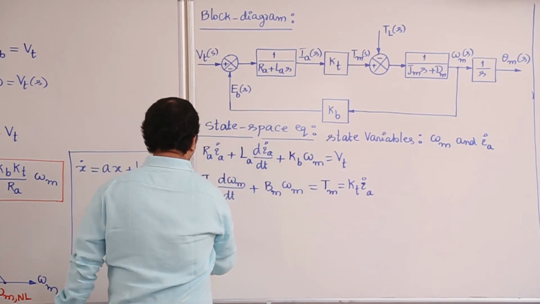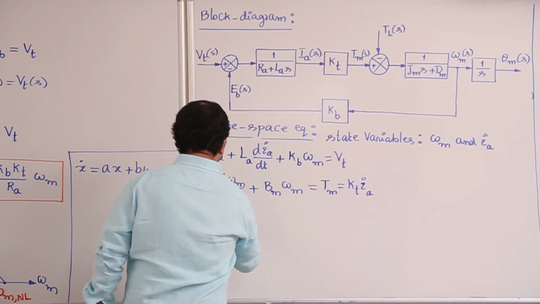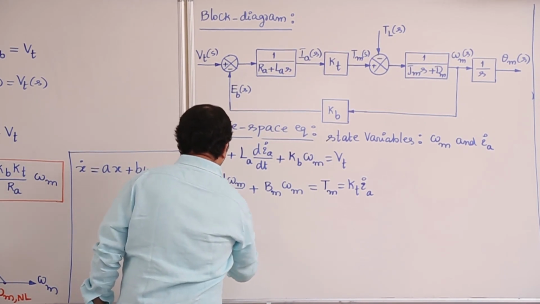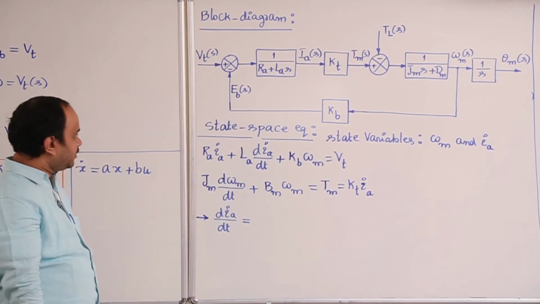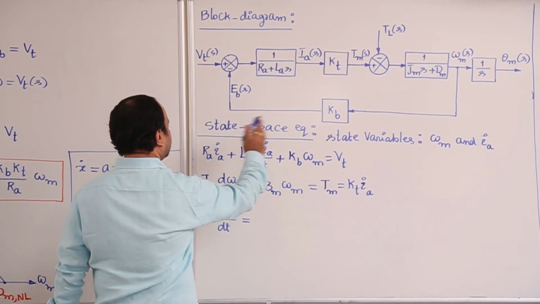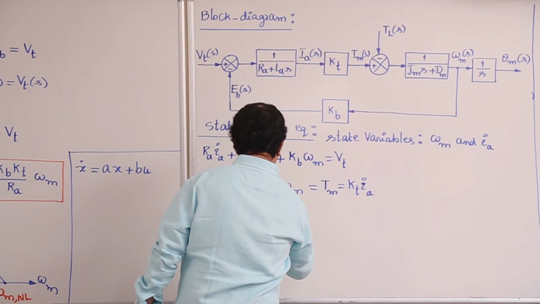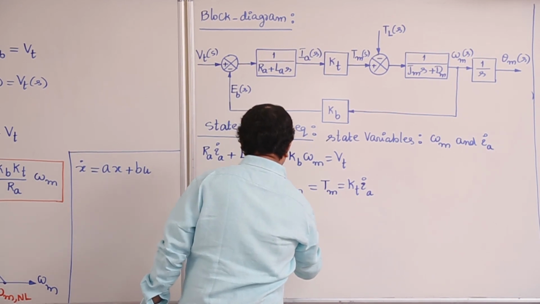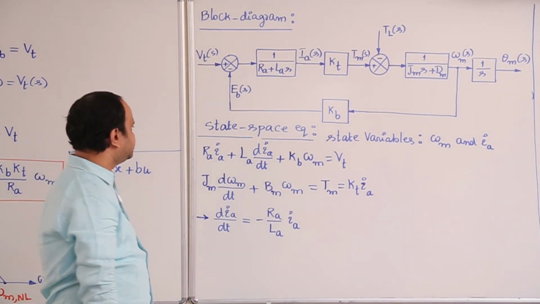Therefore, I can rearrange these equations like this. dia by dt can be written as, pulling this term to the right hand side, minus Ra by La multiplied with ia.